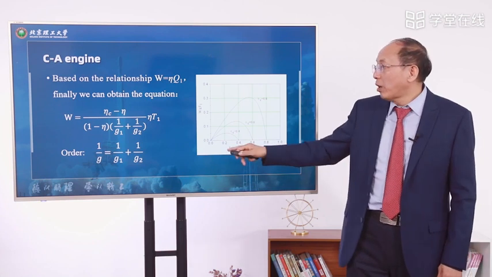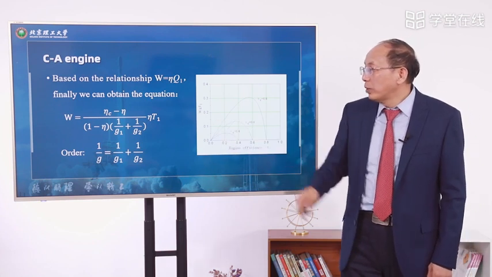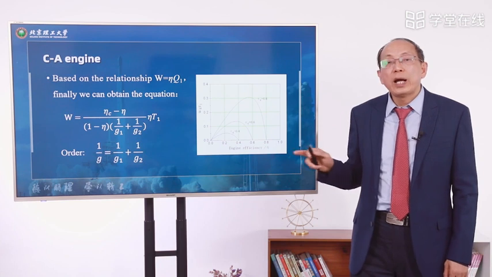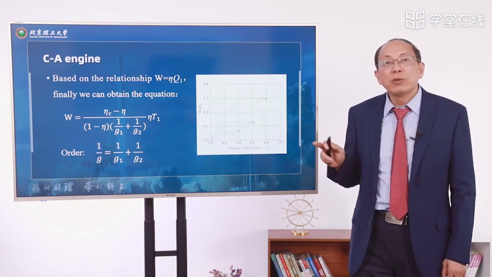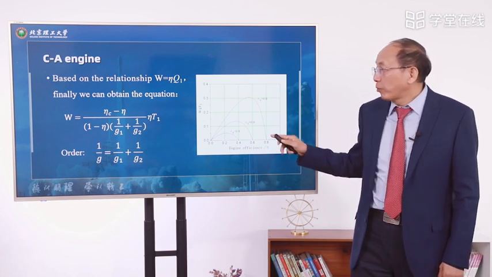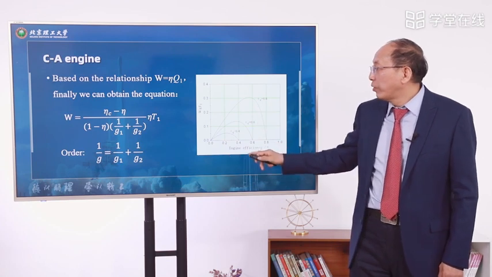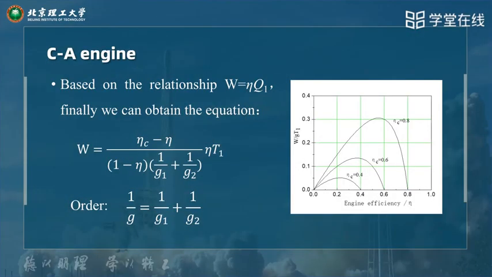Here we can set 1 over G equals 1 over G1 plus 1 over G2.